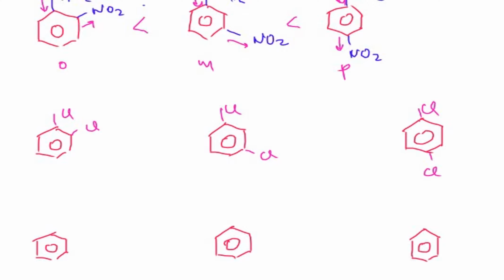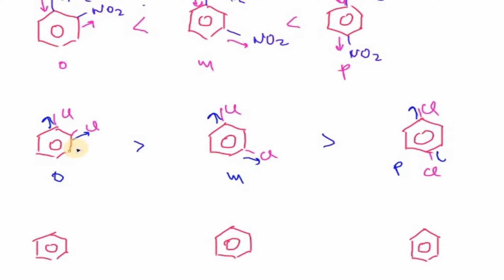In that case we know the direction of movement of electron will be towards the chlorine, because the minus I factor dominates. Here also on this side and this side. So in that case, the meta isomer will be more than para and also will be the highest.